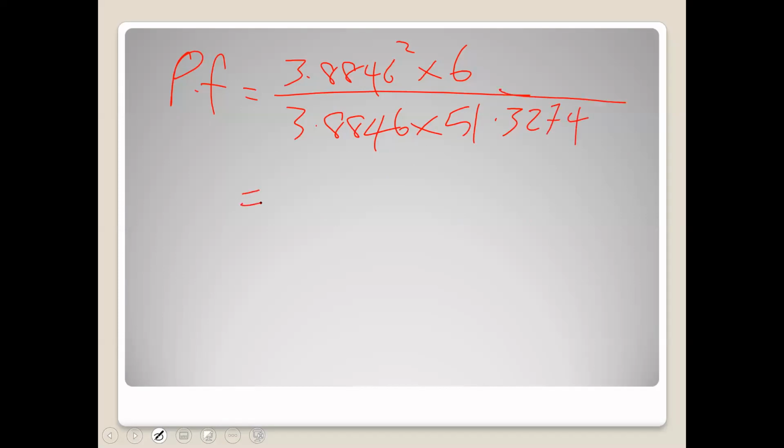All right. And that's equal to 0.4541. Do we have to go to that many decimal places, sir? No. Okay. Because we're now dealing with power factor, within the range, 0.45 is quite fine as a final answer. All right, sir.